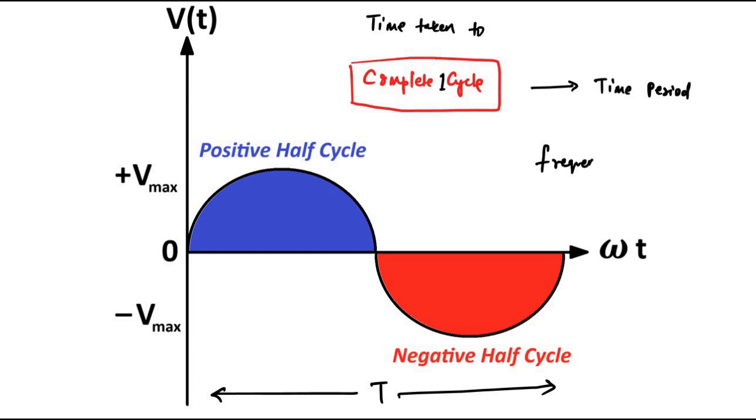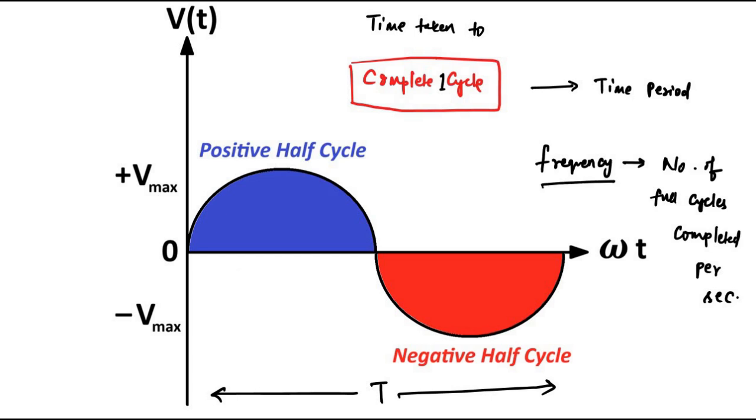So frequency is the number of full, complete cycles of the waveform completed per second. That is called frequency. Let's say a signal waveform completes 2 cycles per second.